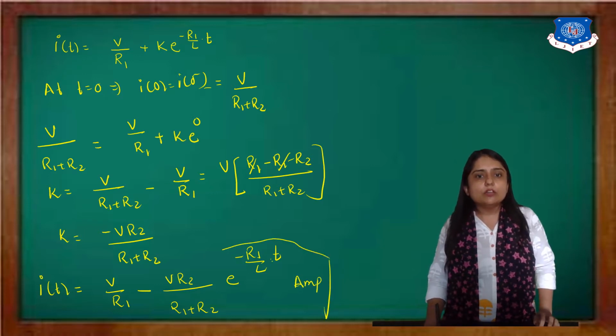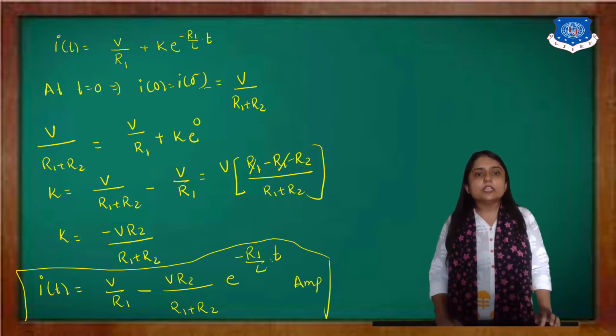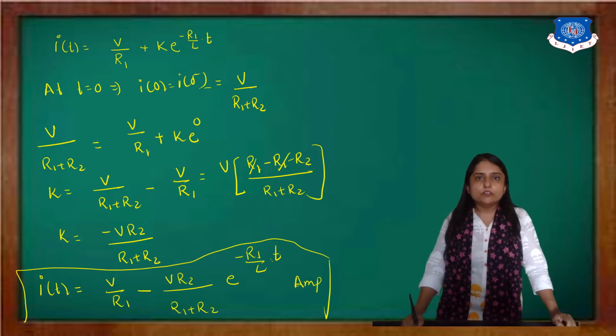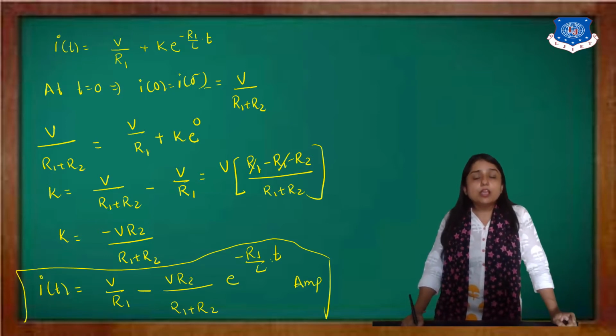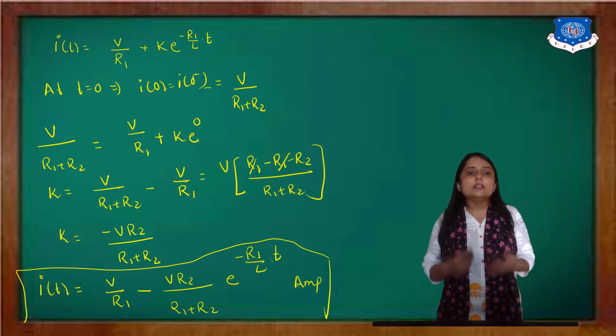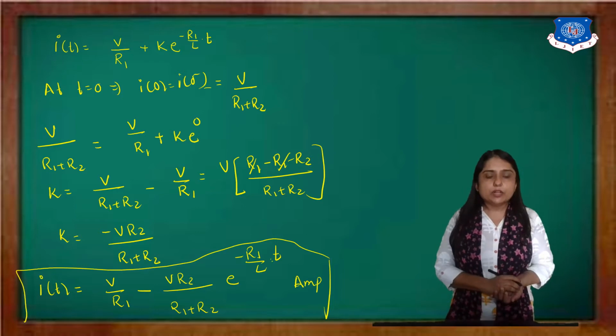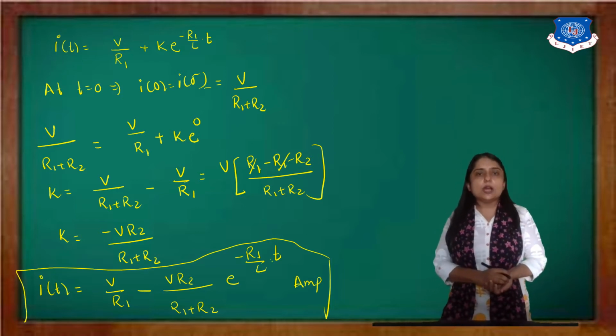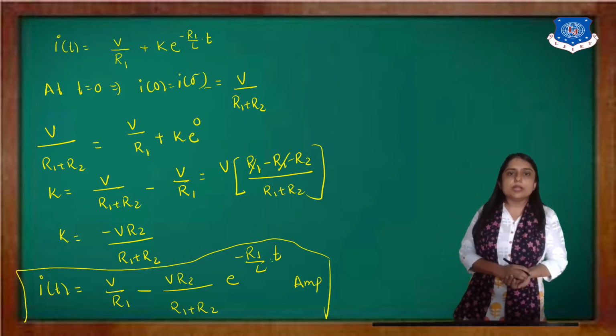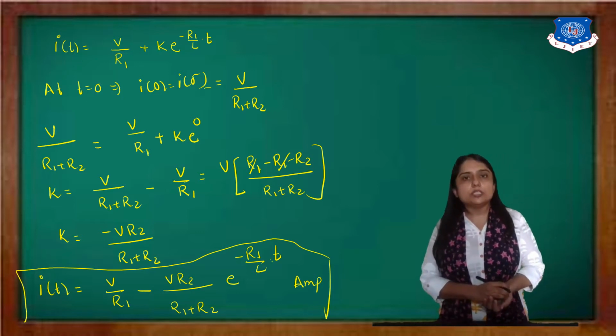So this is the value of current I of t using the first order differential equation. If you use the Laplace transform analysis, then you will get the same answer.